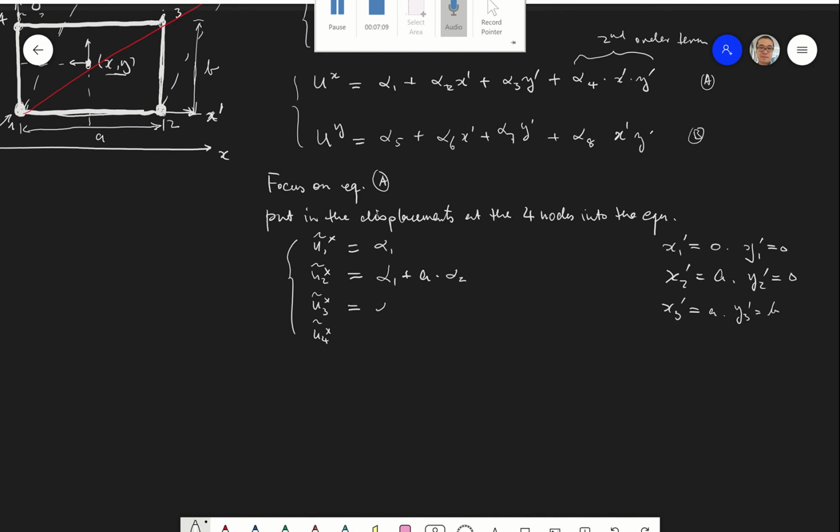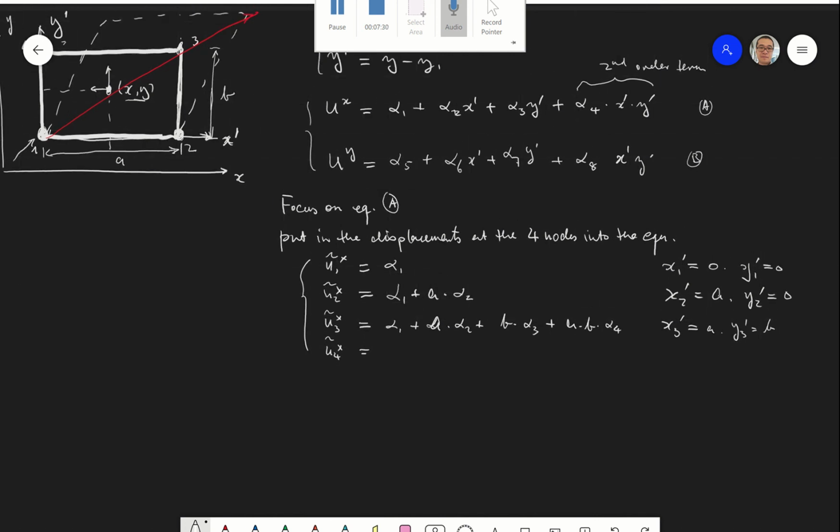So we have alpha 1 plus a times alpha 2 plus b times alpha 3 plus, now we have this cross term, a times b times alpha 4. And finally for u4, we have x4 prime equal to 0, y4 prime equal to b. So that leaves us with alpha 1 plus b times alpha 3 equal to u4.